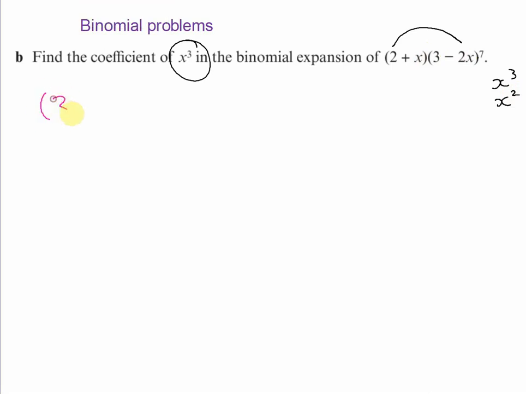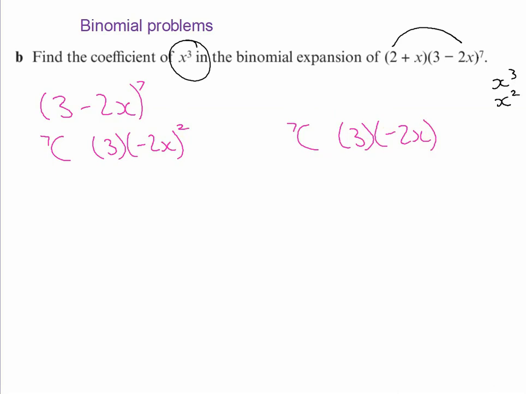So for the 3 minus 2x all to the power of 7, we're going to have 7 choose, not sure at the moment, 3 minus 2x. I want the squared term, and I'm going to write it again, and I want the cubed term. So if that's a 2, this has to be a 5. I'm going to put a 2 down there.